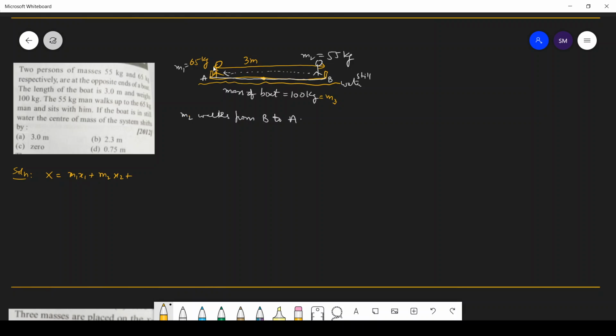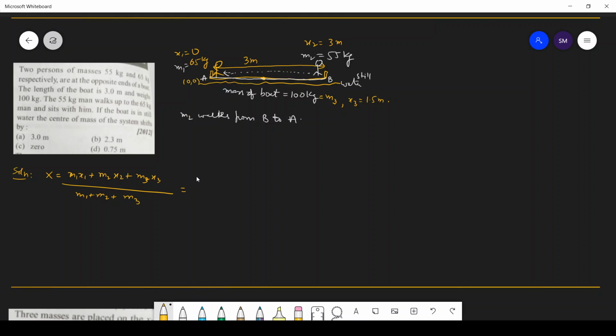Here, consider this coordinate as the origin, 0, so x1 is 0, x2 is equal to 3 meters, and x3 is equal to 1.5 meter, right? So M3x3 divided by M1 plus M2 plus M3.